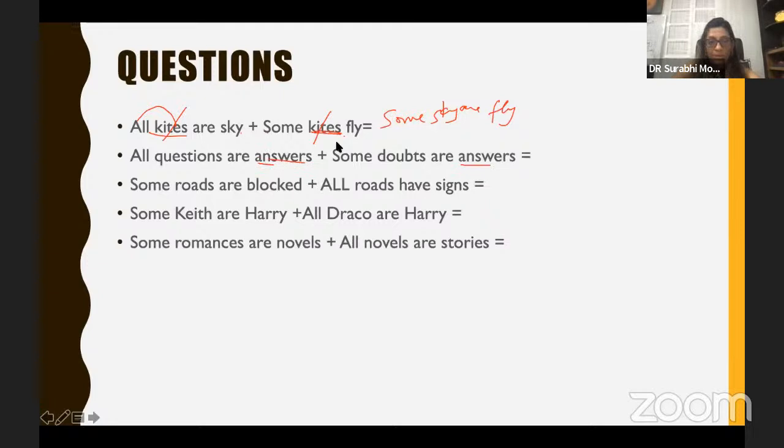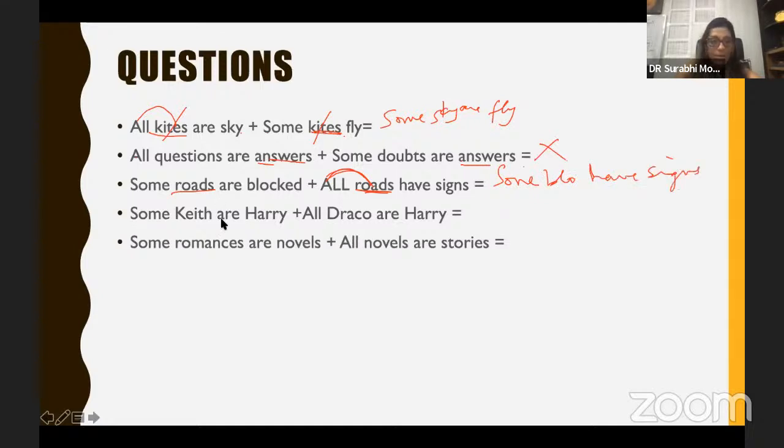Right? It is not distributed. It's not written with all. Hence, no conclusion. The middle term is roads. It is written with all, isn't it? Hence, my answer will be some blocked have signs or some signs have blocked.